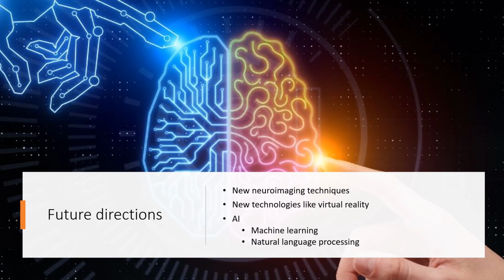I would like to make some final additional remarks about possible future directions of BCIs. I think in order to improve BCIs, we can use new neuroimaging techniques that are being developed, but we can also incorporate new technologies for evoking brain signals and for different output possibilities, like the VR that we've seen in this presentation.